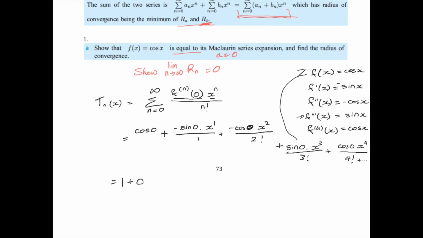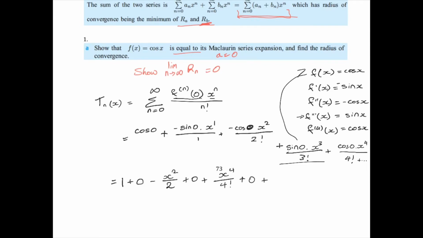1, negative 1 times x squared, which is just negative x squared, over 2 factorial, so it's negative. Beautiful. And then what is sine 0 again? And then? Good. I'm going to leave it as 4 factorial because I want you to notice something. Girls, what's the next term going to be? 0.